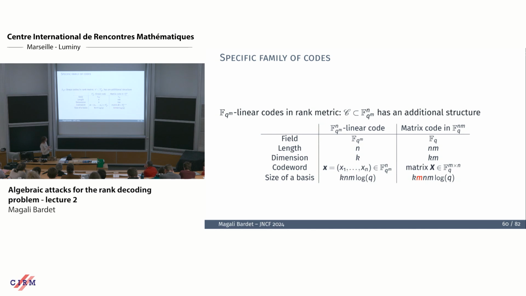And if you do the computation, you have a factor m here, which comes from the fact that with one codeword here, you describe q^m different elements in the code, whereas here with one codeword, you just describe q of them. So you have no relation between generators here, whereas you have some here in this setting. So it's really more interesting, and also you have efficient decoding algorithms for some families of codes.